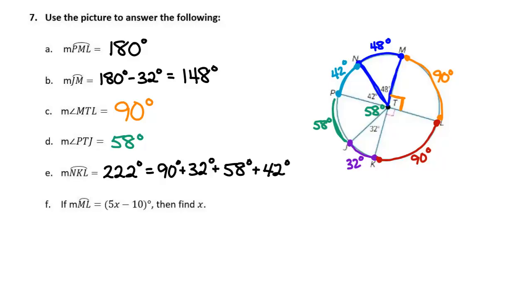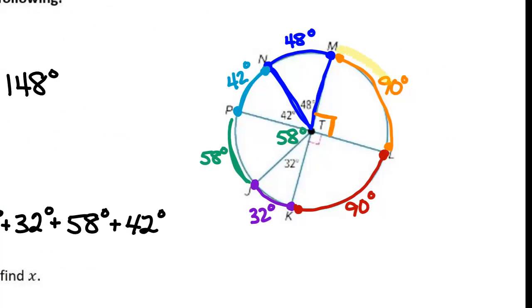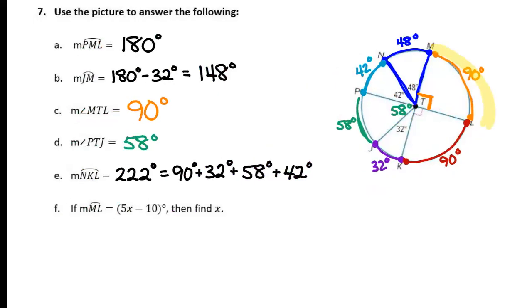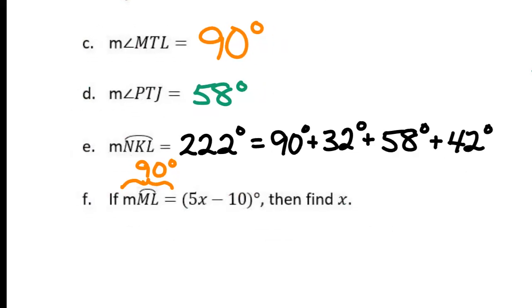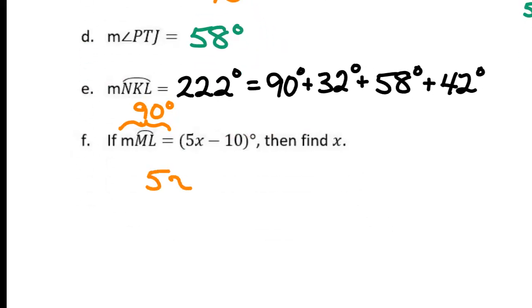All right, last part of this question. It says, if arc ML equals 5x minus 10, find x. Well, here's arc ML. How big is arc ML? 90 degrees. So I'm going to take 5x minus 10, and set it equal to 90.